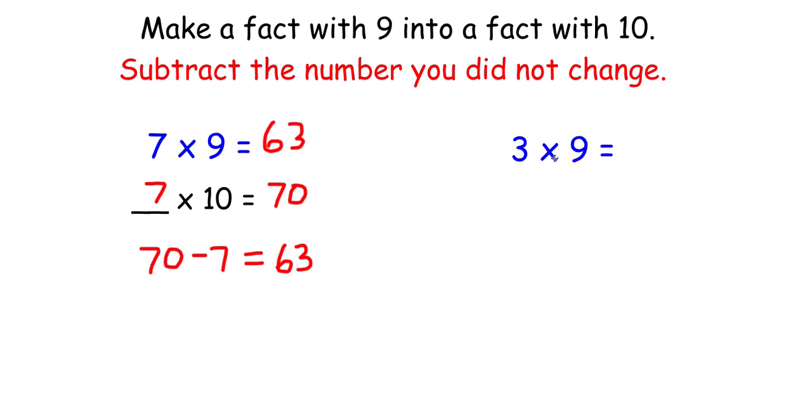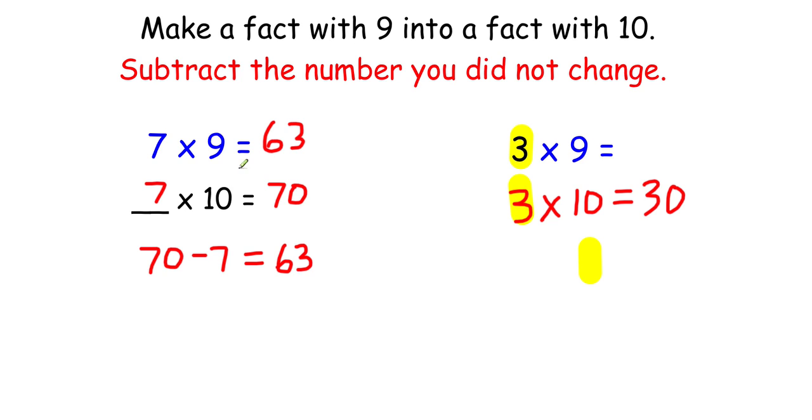All right, for this one here, what are we going to do? Yes, we're going to change this fact into 3 times 10. And 3 times 10 is 30. And now what am I going to do? Well, remember, we're going to keep the 3, aren't we?